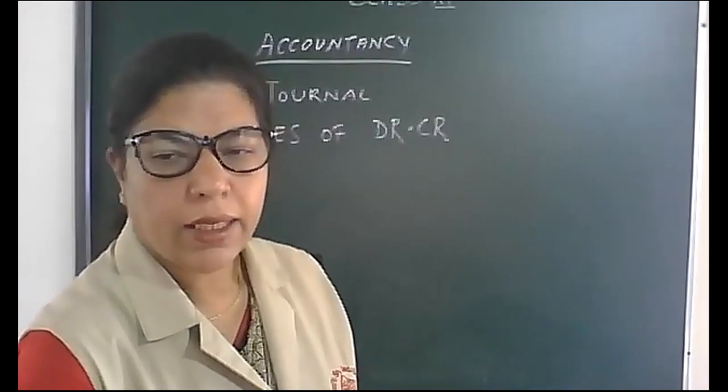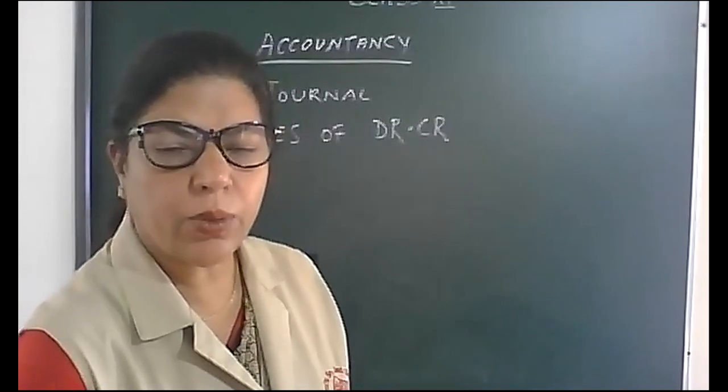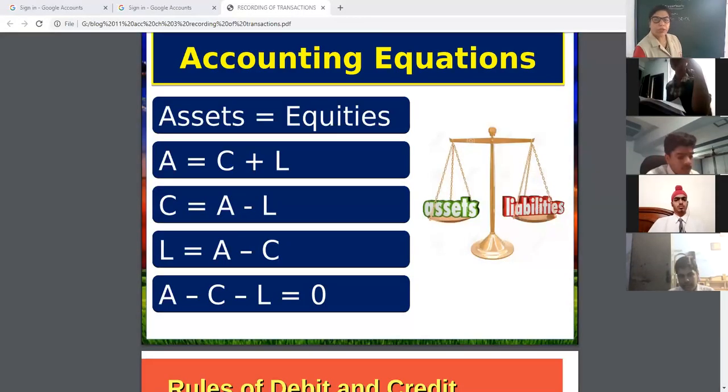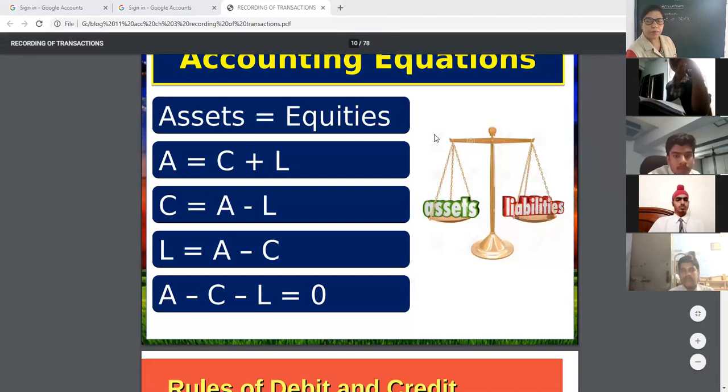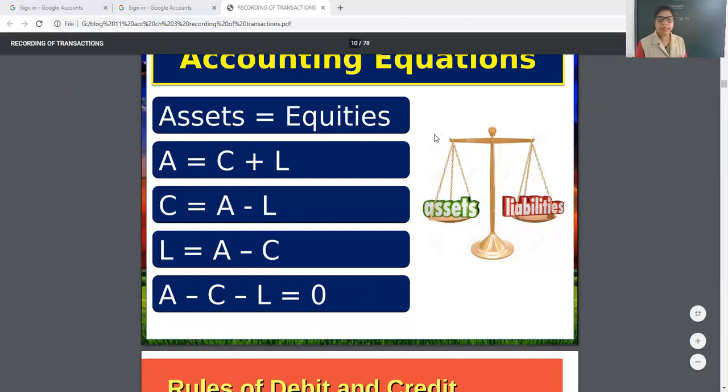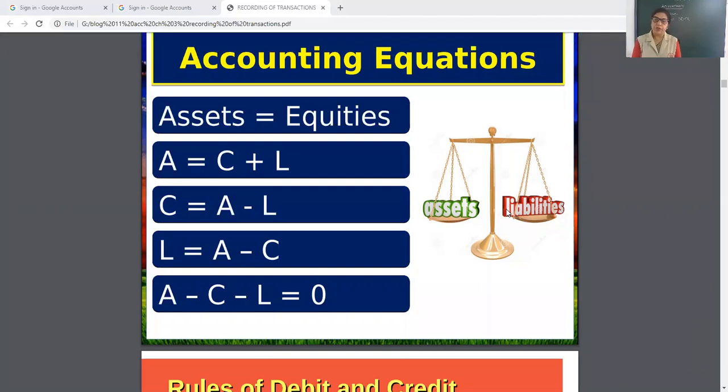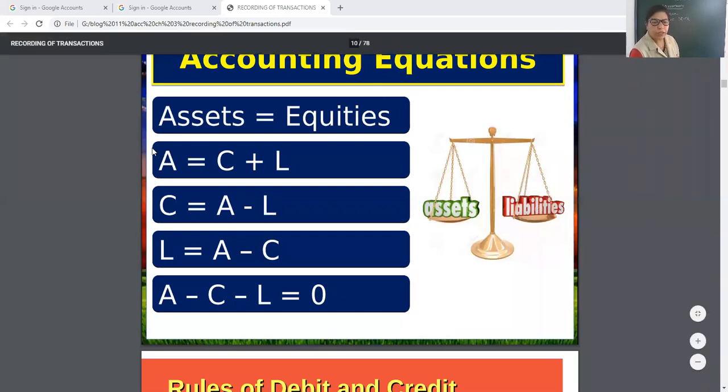See, in the accounting equation, I gave you that detail that assets is equal to equities. Now equity means capital plus liabilities. Now asset is equal to capital plus liabilities, and if we want to know about capital, the other equation we can derive is asset minus liabilities.